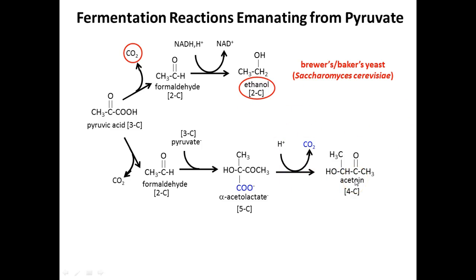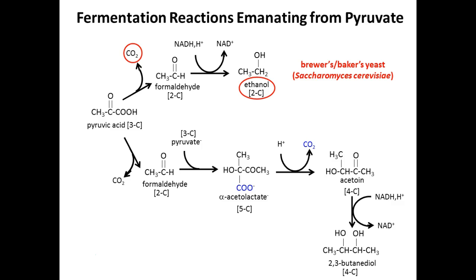This is different from acetone, right, that us women are used to for removing nail polish, right? This is a different molecule. Acetoin then can pick up those electrons from the electron carrier NADH from the glycolysis that generated this pyruvic acid. And we can form a different alcohol called 2,3-butanediol.